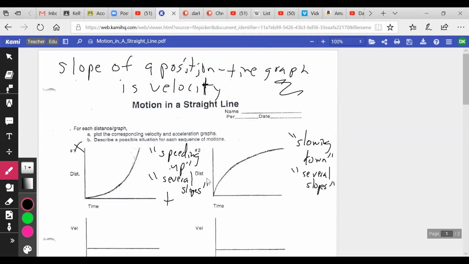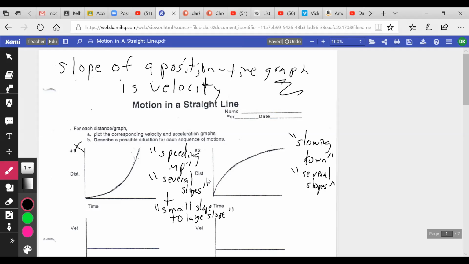In this type of curve here, there are several slopes and they go from small slope to large slope. You don't have to necessarily write it on this worksheet, but you know, get a little dicey. That's where I'm at. So we have defined a few things about this particular graph.